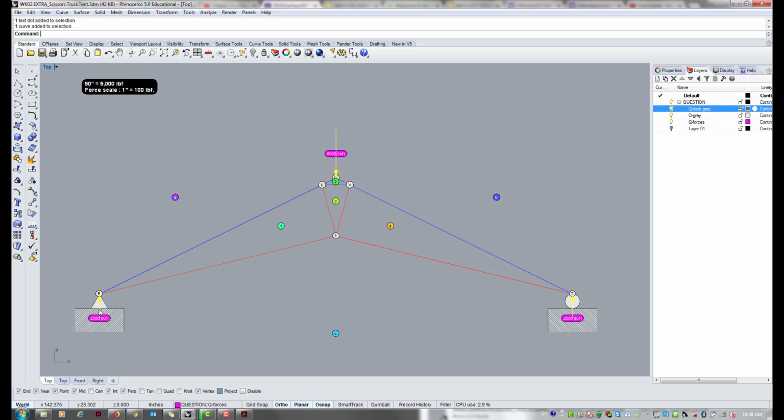Between the left reaction and the applied force is zone A. On the right side, between this force and that force, is zone B. In between these two reactions, there is zone C. And inside of the truss, it's also straightforward. It's 1, 2, 3, 4. So those are all the different zones, right?